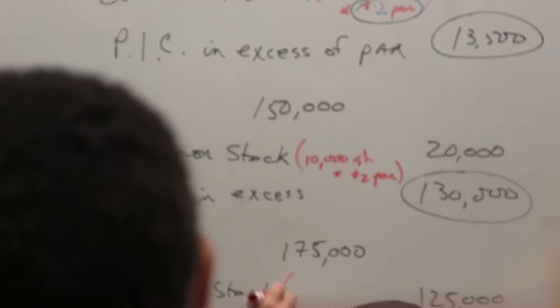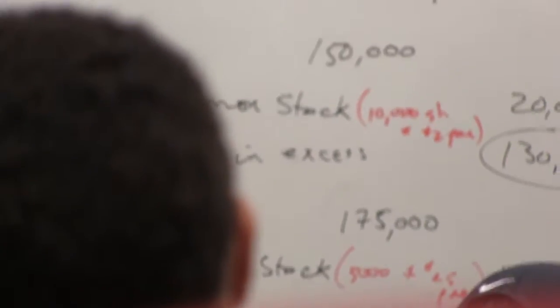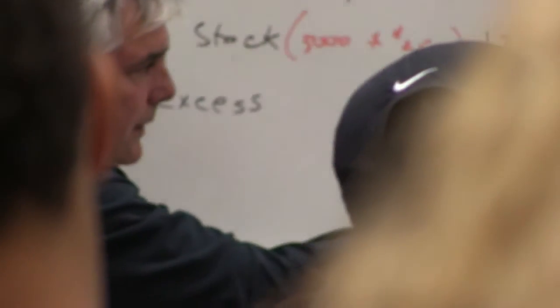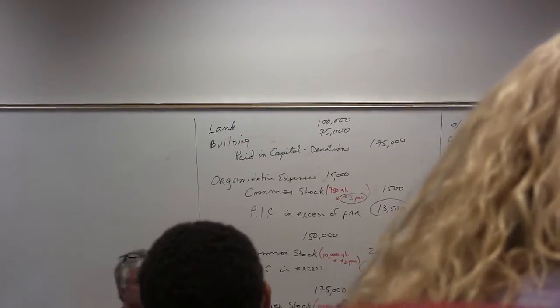Okay? 5,000 shares times $25 per share par value, and then I get paid-in capital in excess. $50,000, and now I have 5,000 shares of preferred.